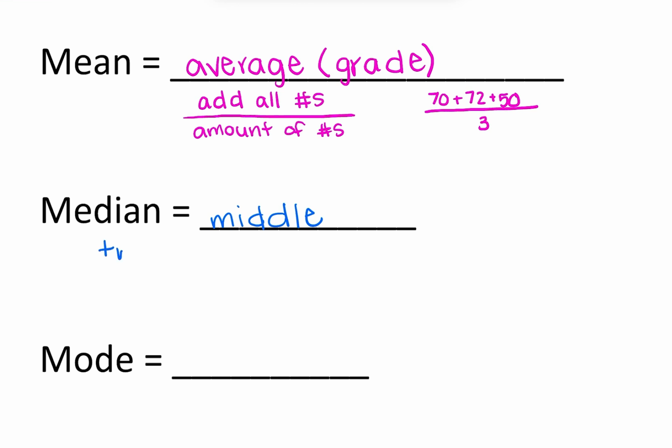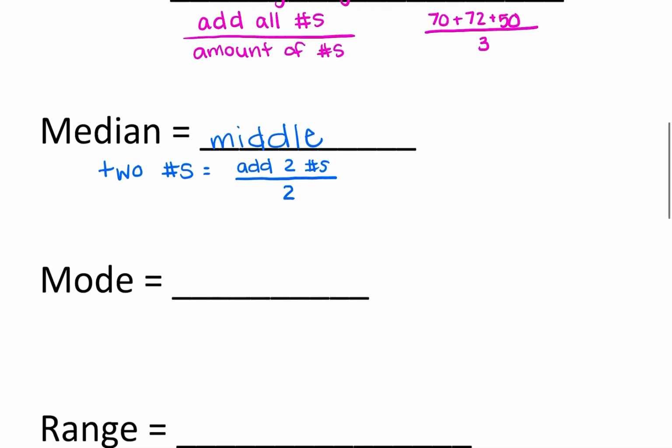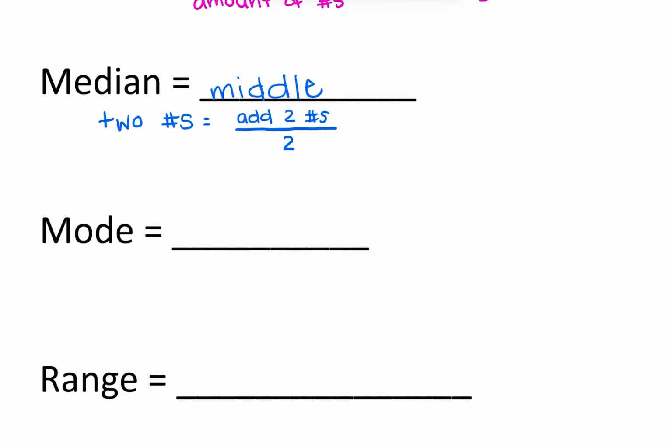If we have two numbers that are in the middle, so if we have like an even amount of numbers, there's not a perfect middle. So when we have two numbers, we add the two numbers, and since there's two numbers, we divide it by 2. So essentially you take the average of those two numbers.